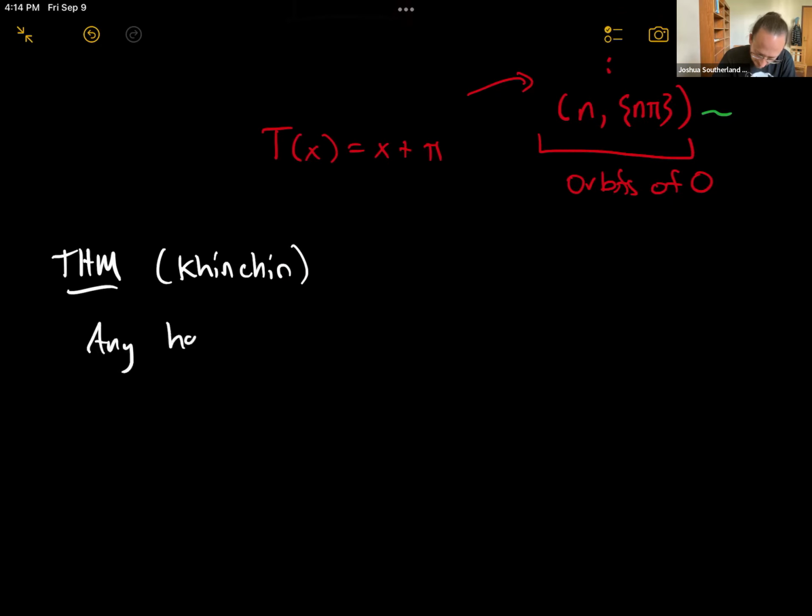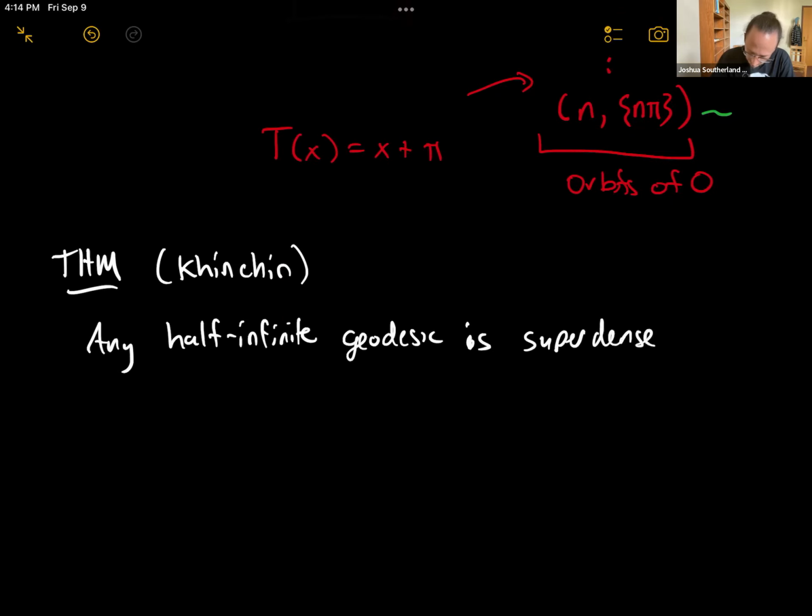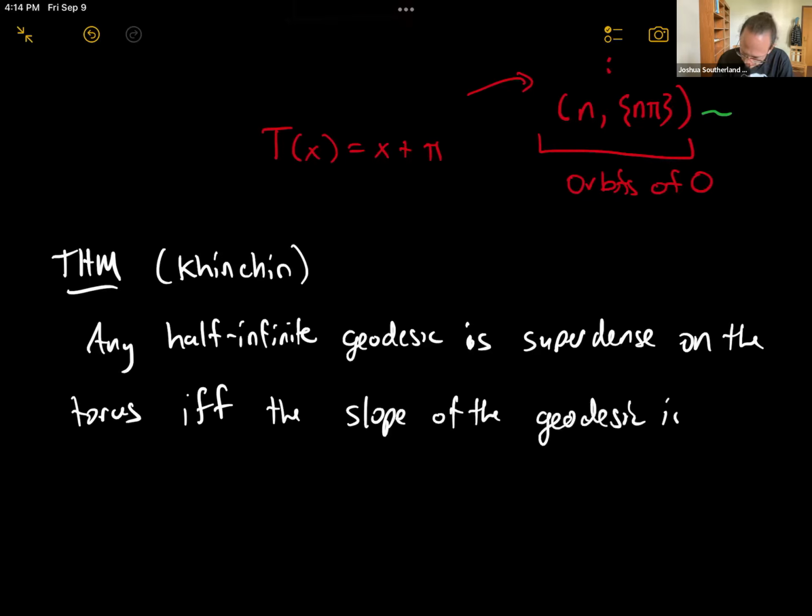Any half-infinite geodesic is super dense on the torus if and only if the slope of the geodesic is a badly approximable number.